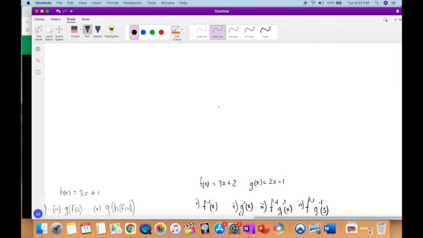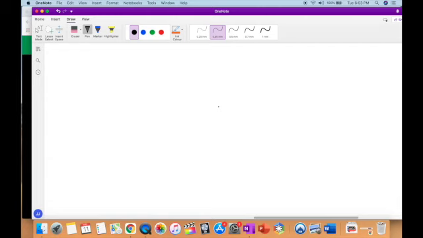So now we're going to get into the cool stuff, which is pretty easy. It's nothing tough at all really, right? It's nothing really hard. And now what we're talking about is the inverse of a function. Right?